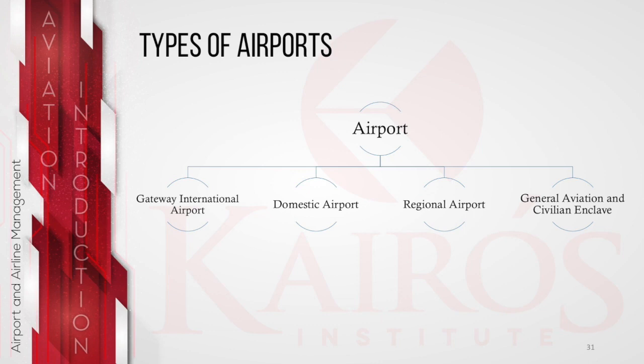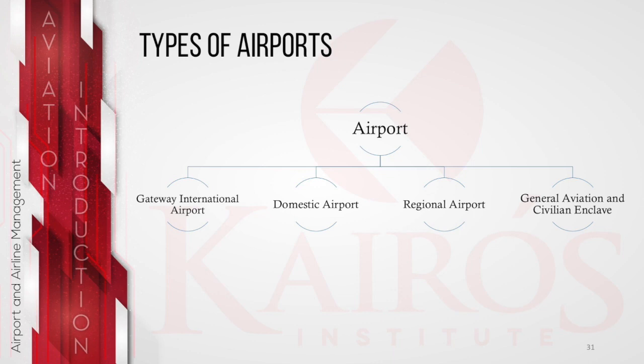International airports are usually larger than domestic airports and often feature longer runways and facilities to accommodate the heavier aircraft commonly used for international and intercontinental travel. International airports often also host domestic flights.